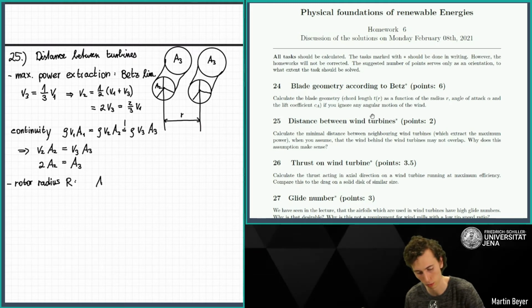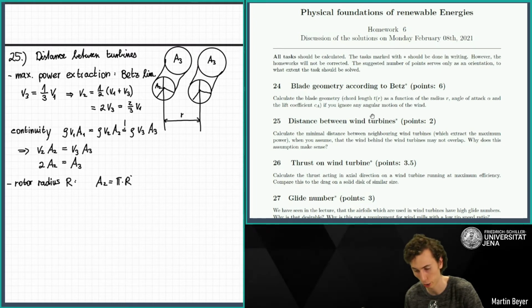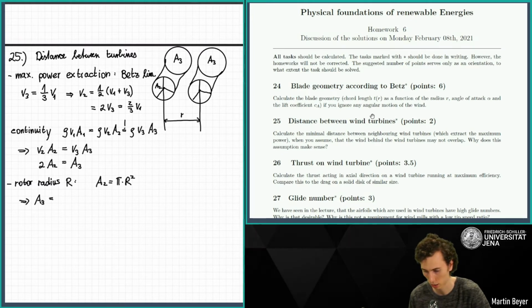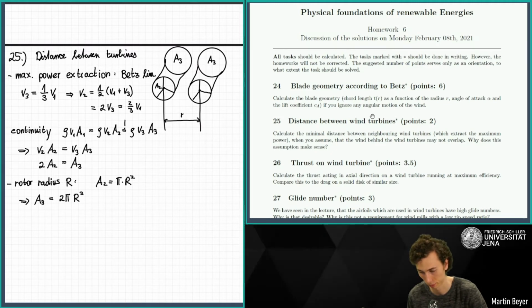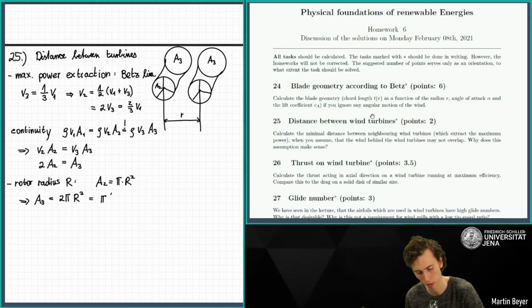So A2 can be computed by pi times r squared. And therefore, A3 is just 2 pi times r squared. And we can rewrite this as pi times 2r squared.